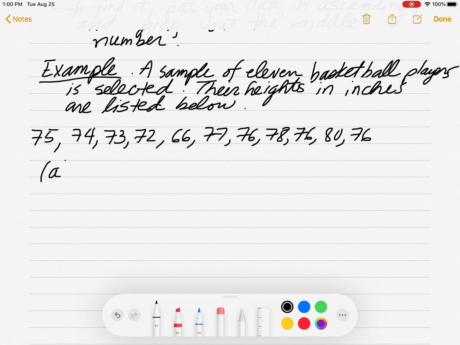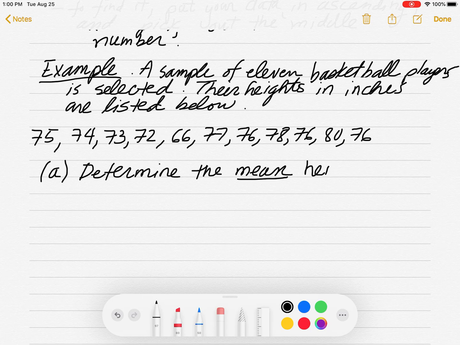Part A, question: determine the average here. Determine the mean. That's called X bar, right? So let's make sure we got 11 here. 1, 2, 3, 4, 5, 6, 7, 8, 9, 10, 11.